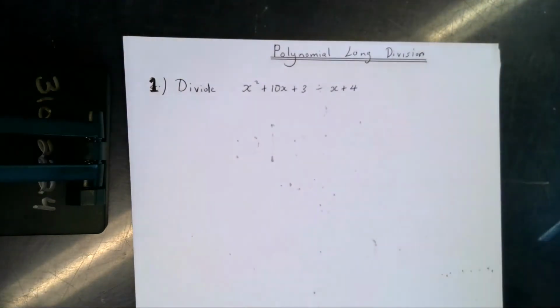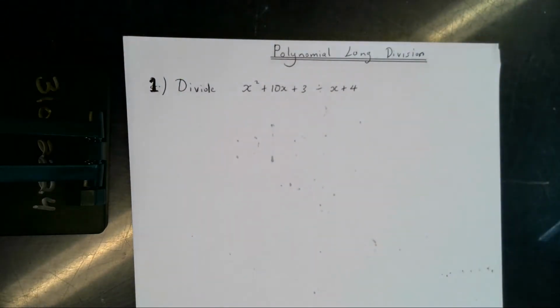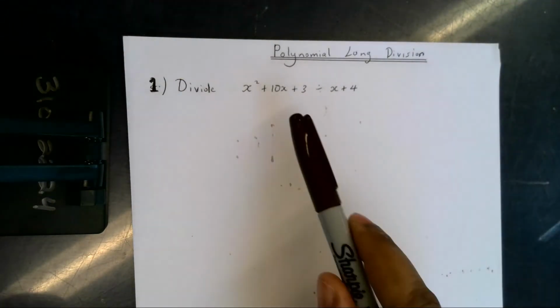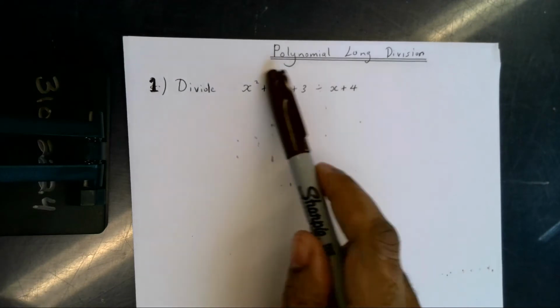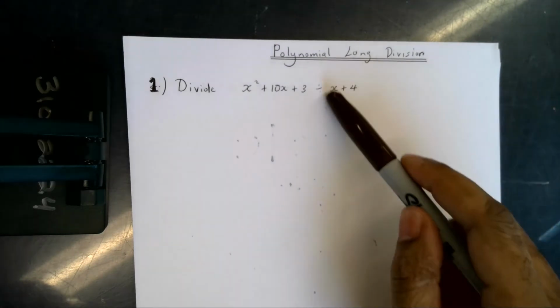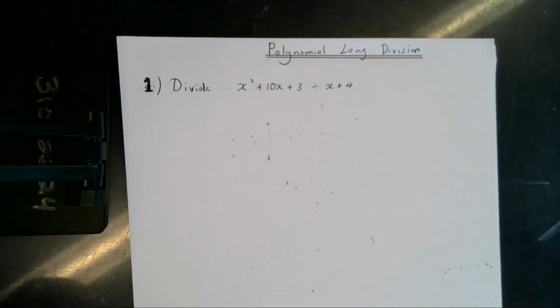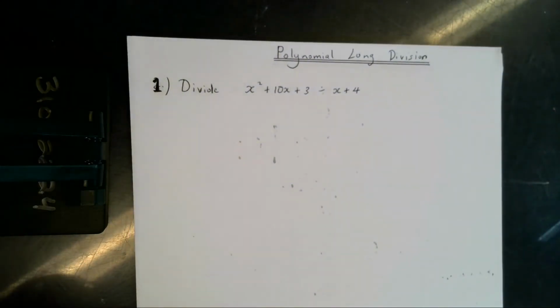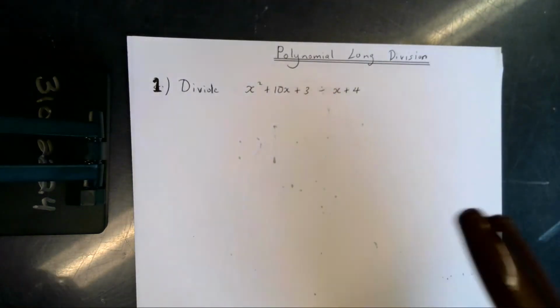Alright, so here we have two expressions. I'm going to divide this quadratic expression by this linear expression. And I'm going to apply the same principles in normal long division to this type of division.